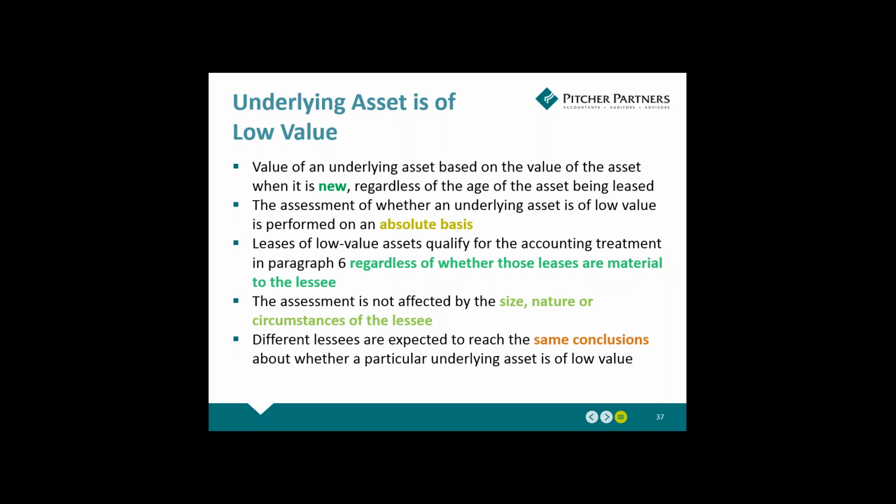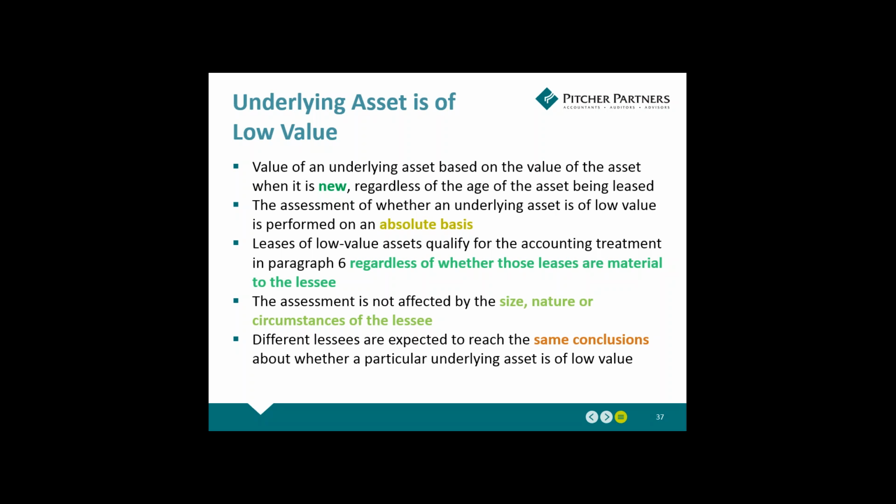The next thing is the assessment on whether this underlying asset is of low value is performed on an absolute basis. So an absolute basis, it's not a relative basis. Leases of low value assets qualify for the accounting treatment in paragraph 6, regardless of whether those leases are material to the lessee.